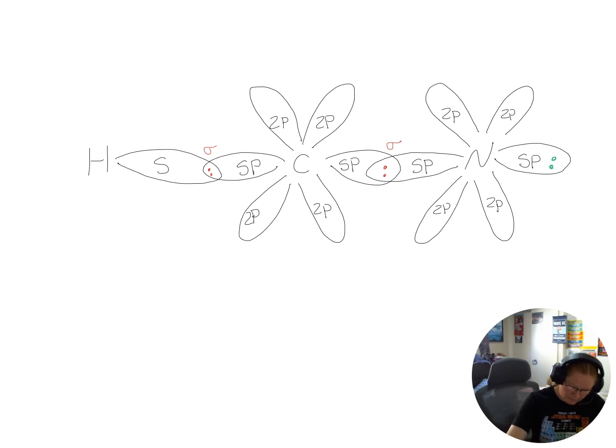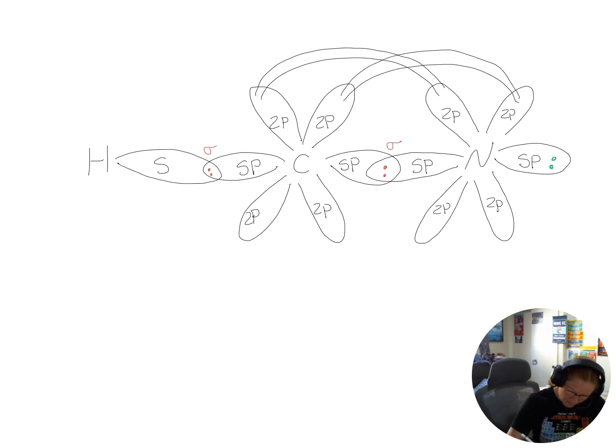And then we're going to get, let's see here. I can't draw. We're going to get overlap here. We're going to get overlap here. Again, 2 lobes means that they get overlap on the top and the bottom.